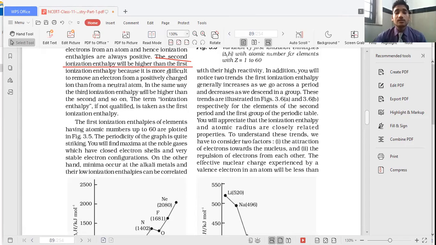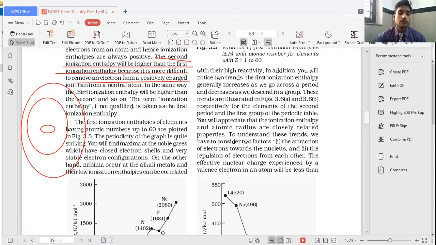The ionization enthalpy is higher because it is more difficult to remove an electron from a positively charged ion. What happens, beta, as soon as the positively charged ion is formed? Suppose this is your normal atom, this is the nucleus, second orbit, right?